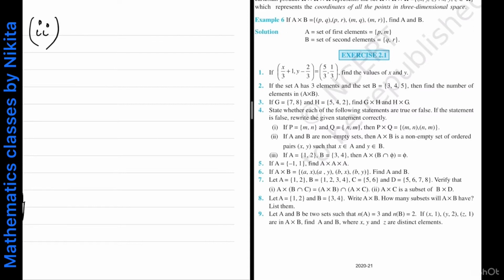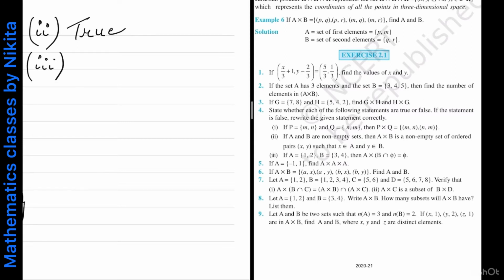I told you that if at least one of A or B is empty, either A is empty or B is empty or both are empty, then A cross B is an empty set. But if both are non-empty, then A cross B is also non-empty. Therefore the given statement is true. So we will write true.